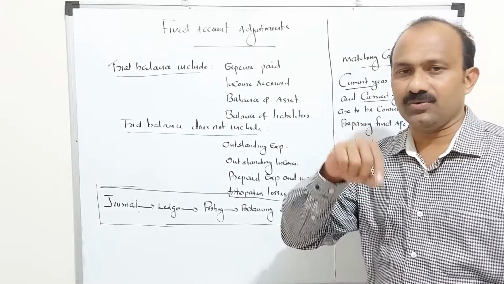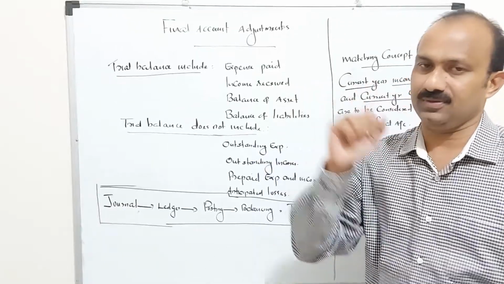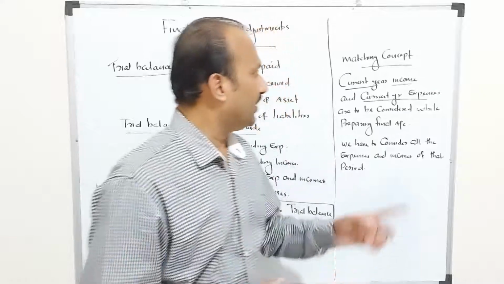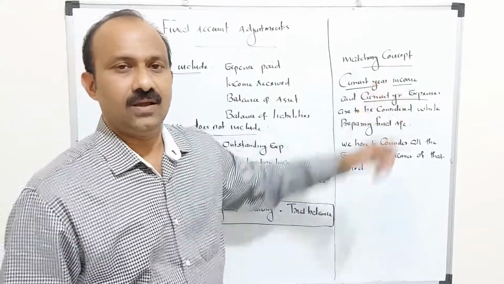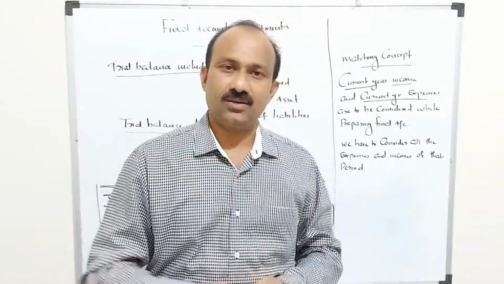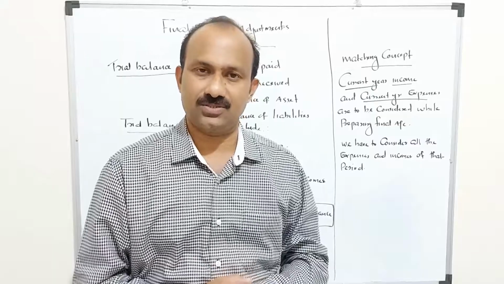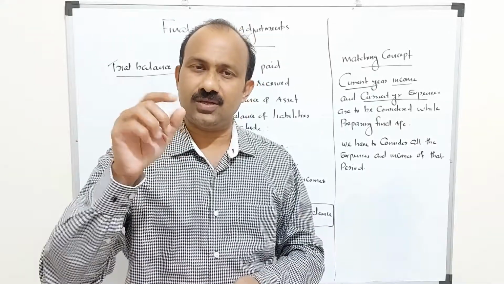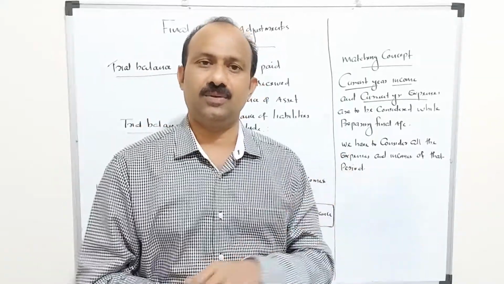So, whenever you are preparing the financial statement of a business, the generally accepted accounting principles, GAAP, say that we have to follow the matching concept. Matching concept says that current year income should be matched with the current year expenses. In more detail, the expenses related to a particular year should be compared with the incomes of that particular year.